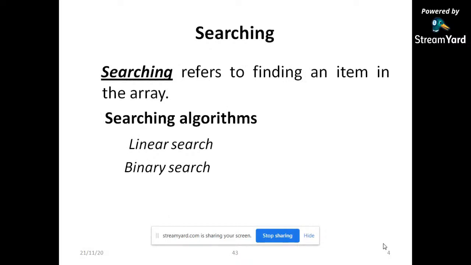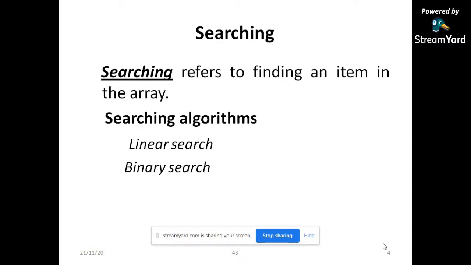Then we will see searching. Searching refers to finding an element in the array, whether the element is there in the list or not. After making several searches from start to end, if the element to search does not match any element in the array, then we will give the message that the particular element is not there in the list.